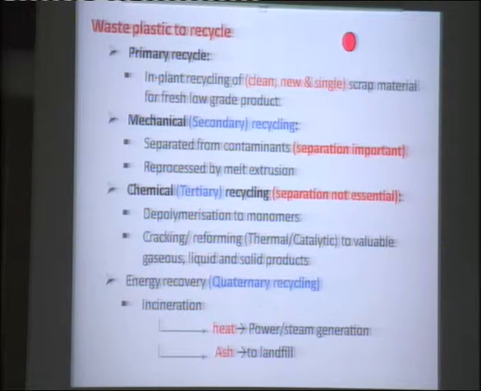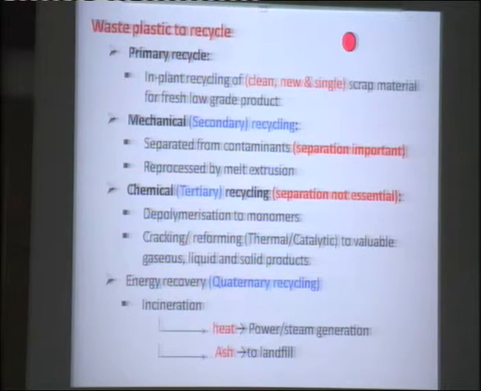Now you have different types of recycling systems: primary, secondary, tertiary, and quaternary. Primary is used in industries. When processing new plastics you get lots of scrap, and it can be recycled within the plant itself. That is called primary.